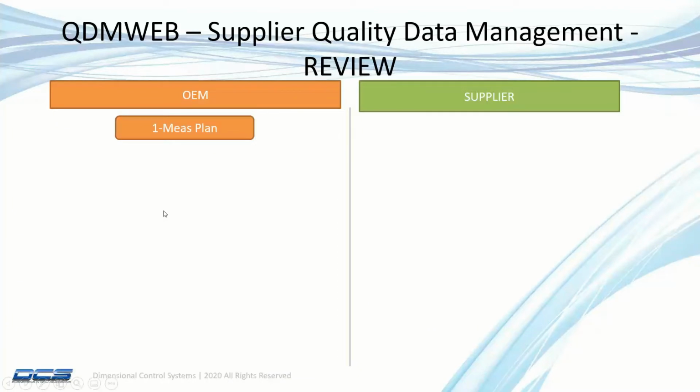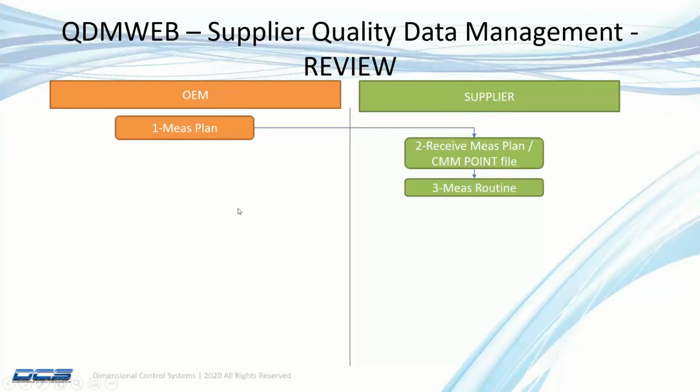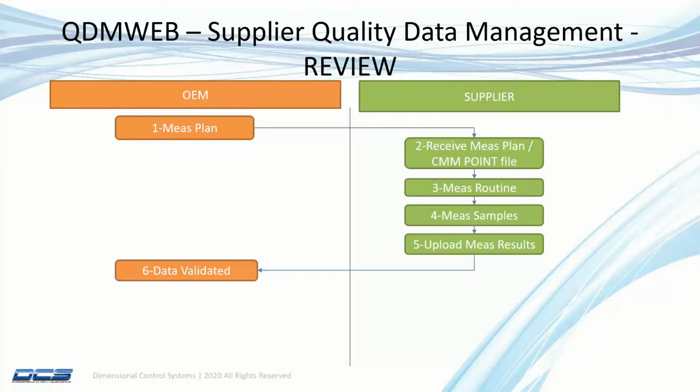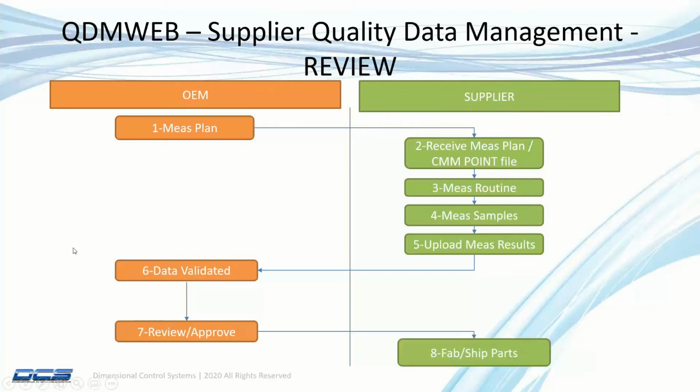So basically what we did so far, going back to data management: first, we created a measurement plan. We sent that, and the CMM point file, to the supplier. The supplier used those to create measurement routines and samples, measured their parts, and uploaded the measurement results. Data got validated and uploaded, and then the supplier quality engineer had multiple tools within the system to interactively review and approve.